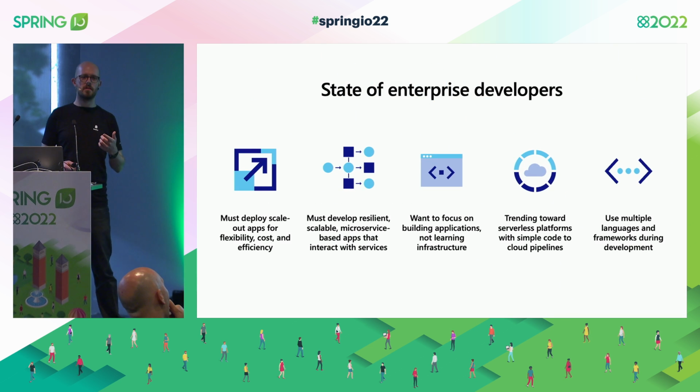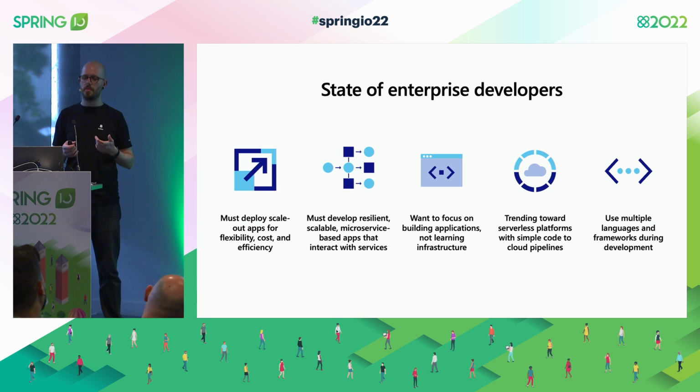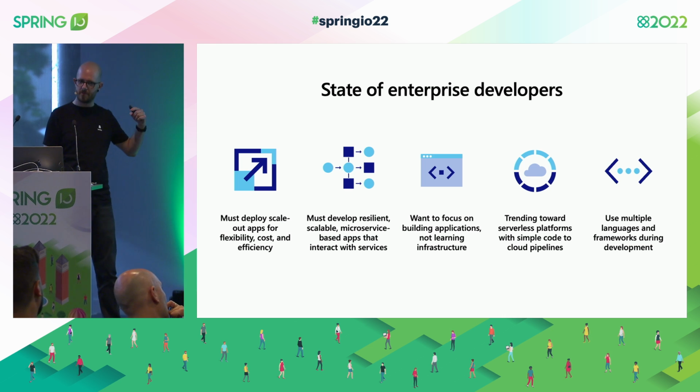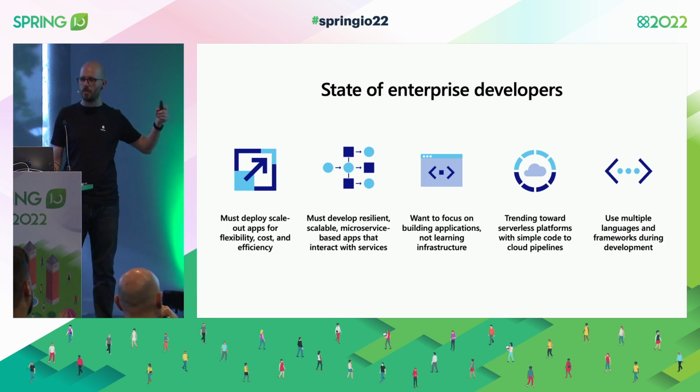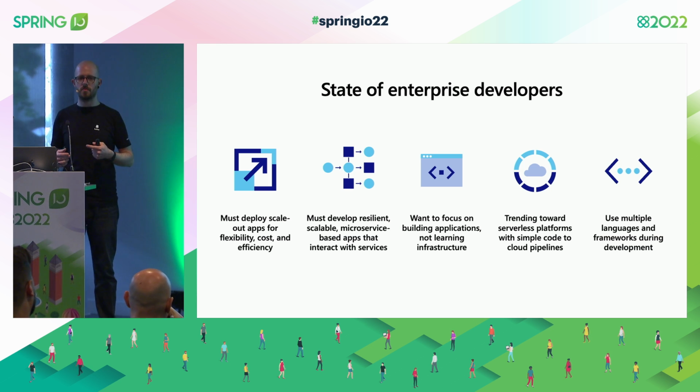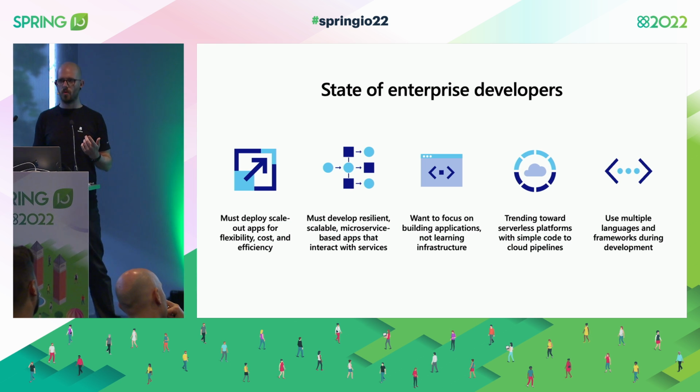Their idea is that we are currently in the state that enterprise devs suddenly need or are asked to handle a lot of things, right? I tried to illustrate this in the steps before. Suddenly, I'm not able to write the logic anymore. Only I have to do a lot of different things at once.